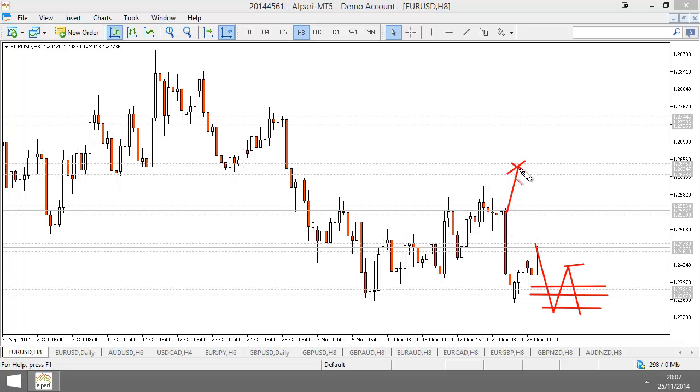So it will tend to stall right here, and then indecision will form, and then the reversal will come. A lot of my trades come a few hours after a news release because the news release will push price into one of my support resistance areas. Price will stall at my support resistance area. You'll get indecision forming, then I can take the reversal. That does happen quite a bit.